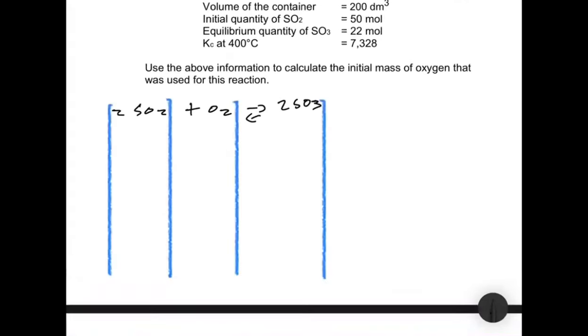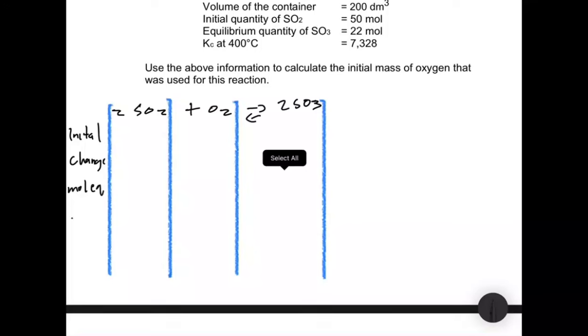So we have 2 SO2 reacting with O2, and then this is giving us 2 SO3. We know that the reaction is reversible, so let's have that there. So here we need the initial number of moles, right? Here we need the change, and here we have the moles at equilibrium, right?